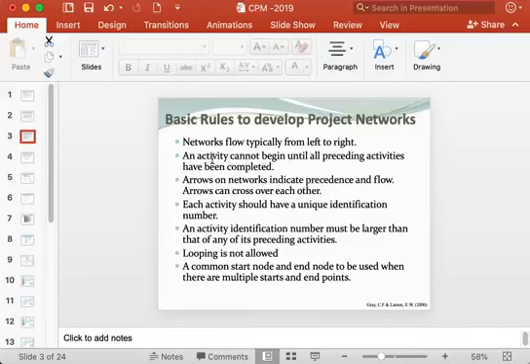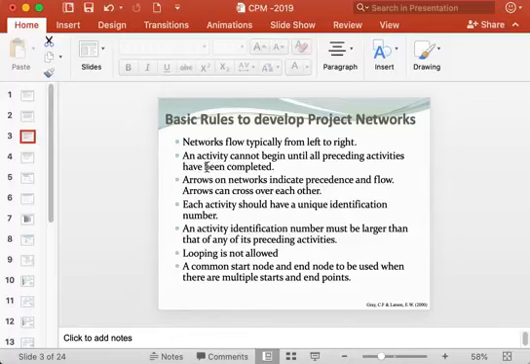So when you construct a project network, you should construct it in such a way that the network flows from left to right. Okay, so this is very important. You should lay out your project activities in such a way that it is flowing or moving from left to right.